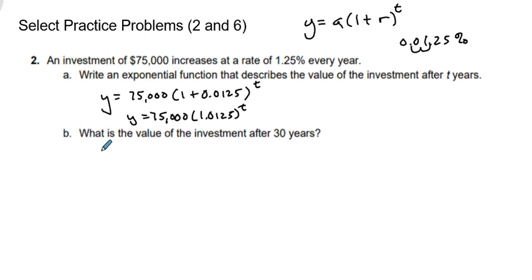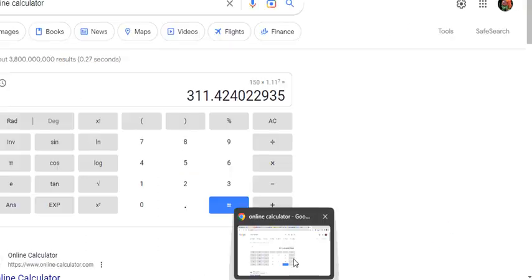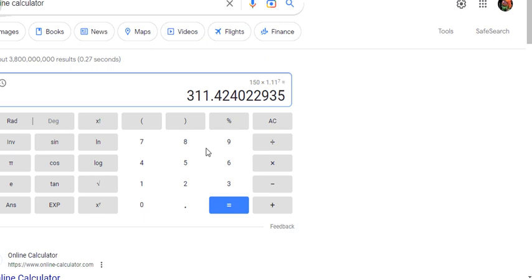Super easy. And then when it says what is the value of the investment after 30 years, they're giving you t, right? They're giving you t. So we're looking for y, so y is going to be $75,000 times 1.0125 to the 30 years, right? So we are going to bust into our calculator here.